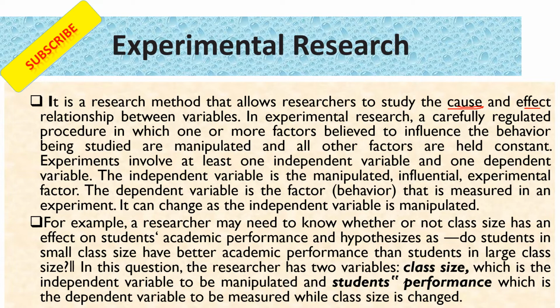It can change as the independent variable is manipulated. So we have to notice that, for example, a researcher may need to know whether or not class size has an effect on students' academic performance, and the hypothesis is that students in small classes have better academic performance than students in large classes. So one may do an experiment between these two, and the two variables will be class size and student performance.